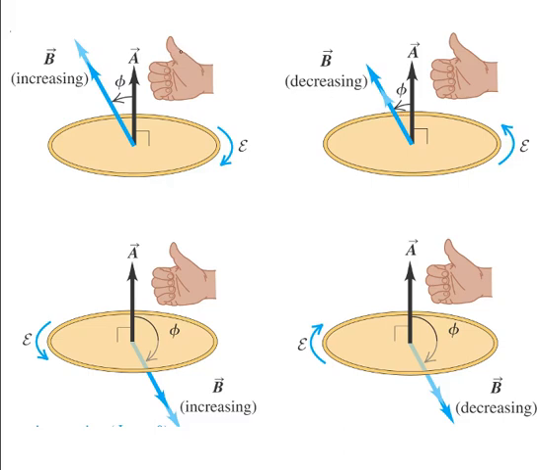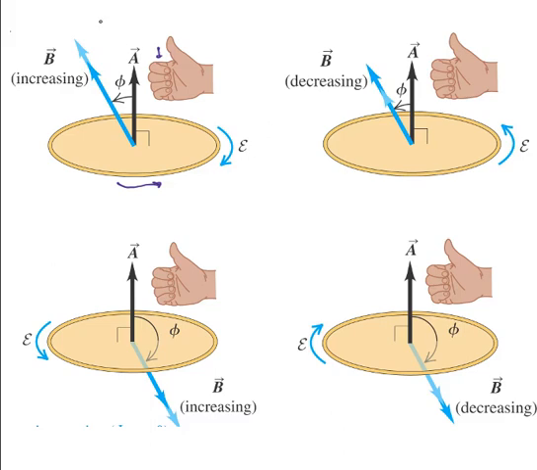Put your thumb in the direction of that area vector, which you arbitrarily chose, then the direction in which your fingers are curling defines the direction that is going to be positive. So the cosine of the angle between the magnetic field and the area is 45 degrees or something like that. In any case, cosine is positive there.